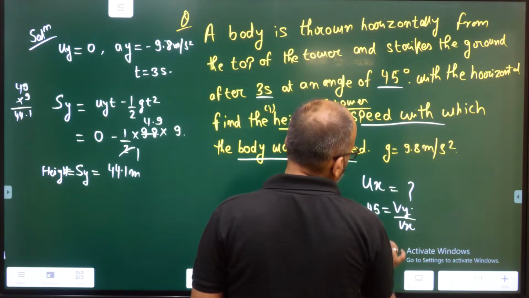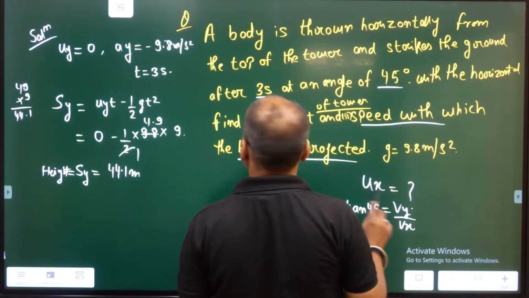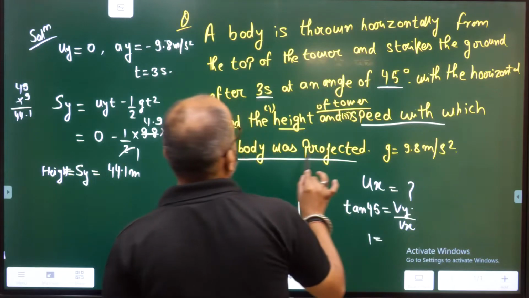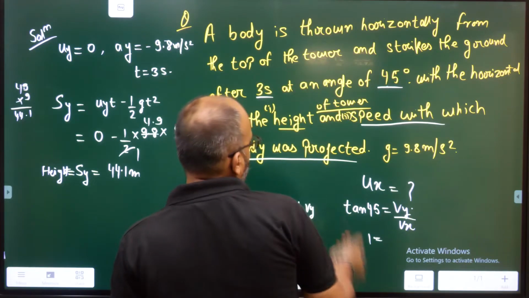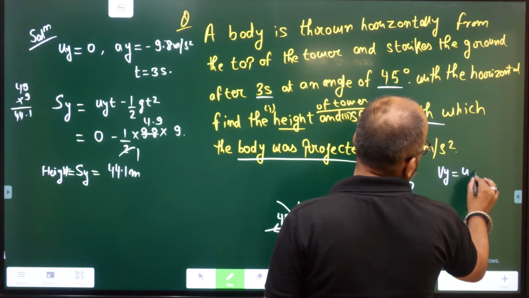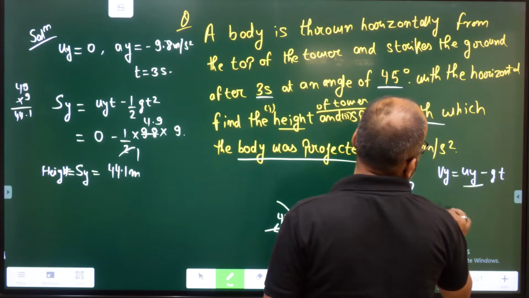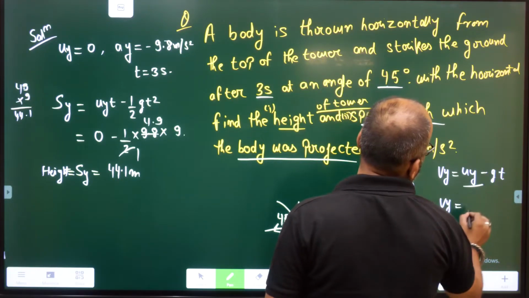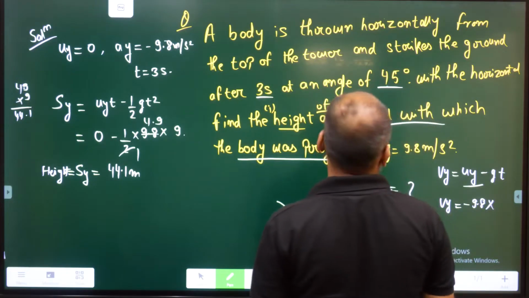So 1 is equal to, what is the value of Vy? Velocity along the y-axis, we don't know, let us find out. Vy is equal to uy minus gt. uy is 0. So Vy will equal to g, that is 9.8 into 3.